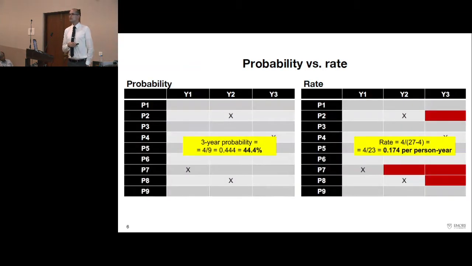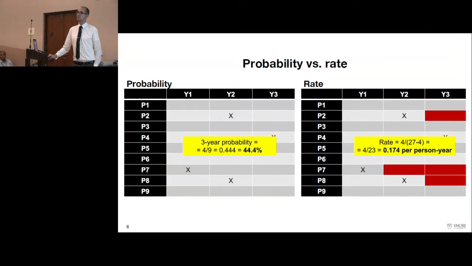But the chances that a person will get it is more than once, isn't it? We stop following the person. For example, in this case, P7 got it in the first year, and we stopped following the person. Whereas, as per the definition, it is the number of occurrences of an event over a period of time.